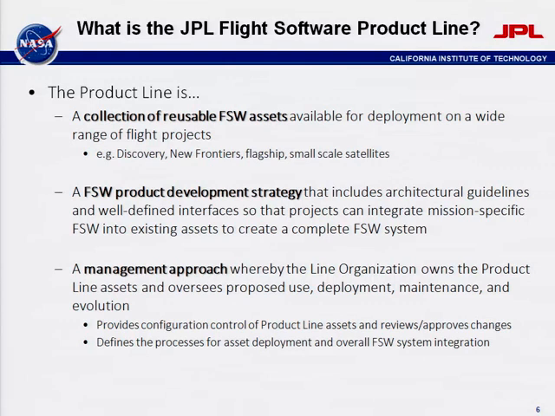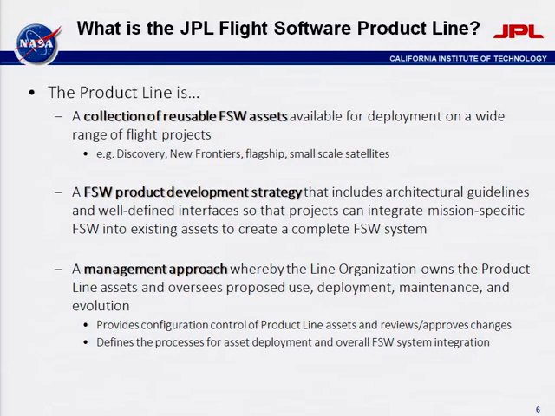So first and foremost, a product line is a collection of reusable flight software assets for deployment on a wide range of flight projects. So think of a car manufacturer, right? You have a whole catalog of pieces of the car that can be assembled in different ways to create a different model. For example, a classic example is that the Ford Taurus and a Jaguar actually have the exact same chassis underneath, right?